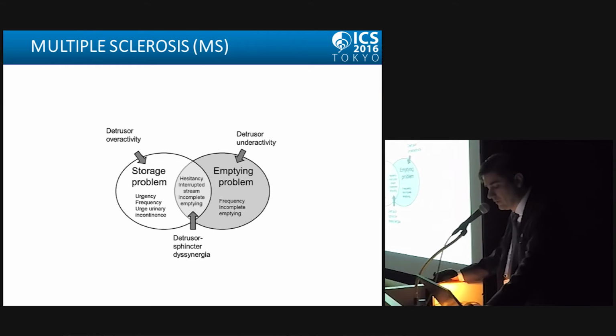In these patients, we have detrusor overactivity causing storage problems, and detrusor underactivity causing emptying problems. For those patients with DSD, it's another problem to take into consideration, which can bring more difficulties in the clinical management.